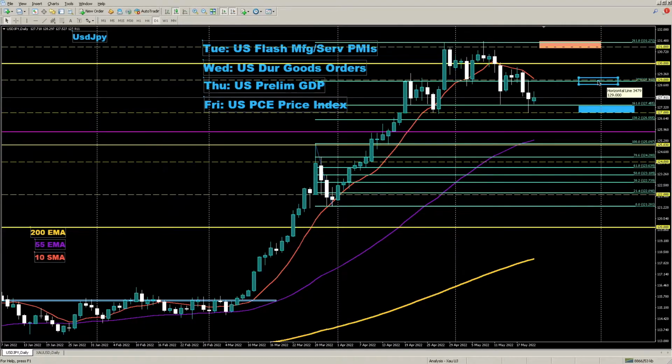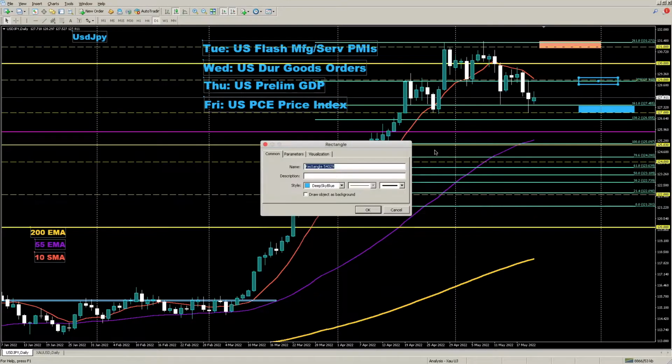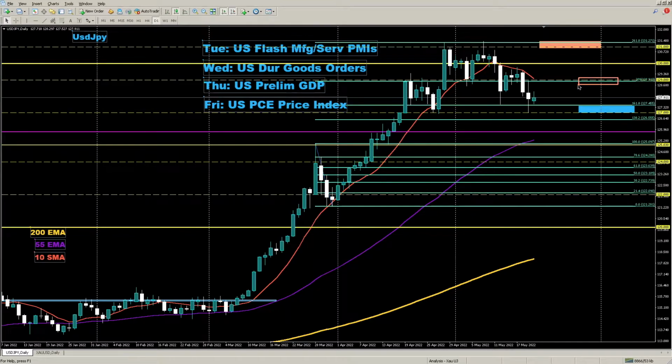So we'll mark this as an intermediate resistance now. And above that, that's significant resistance still at the 131. So it has dipped lower to retest this swing low area.